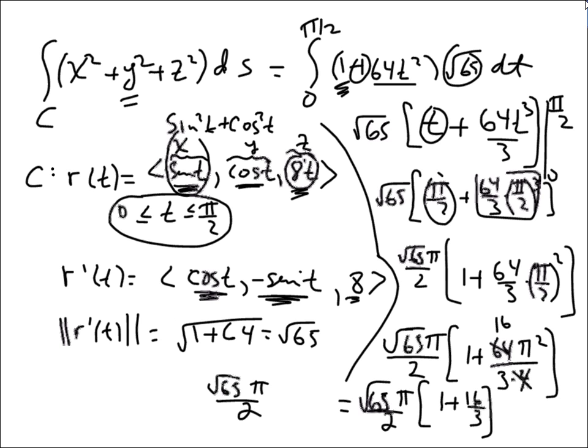Think of the 1 as 3 over 3. So you get times 19 thirds, which is 19 times pi times the square root of 65 divided by 3 times 2, or 6.